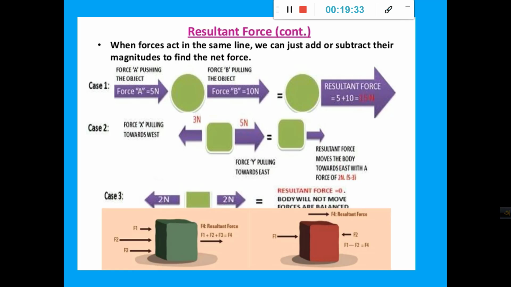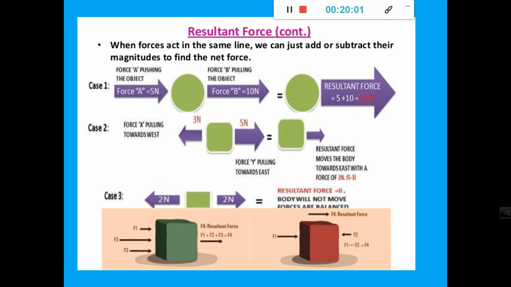Case 1, look at the diagram here. Force A pushing the object in the right direction, force A equal to 5 Newton. On the other hand, force B pulling the object in the right direction, force B equal to 10 Newton. So the resultant force is 5 plus 10, 15 Newton to the right direction.